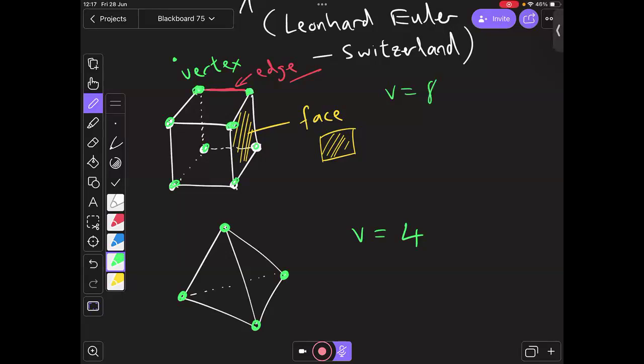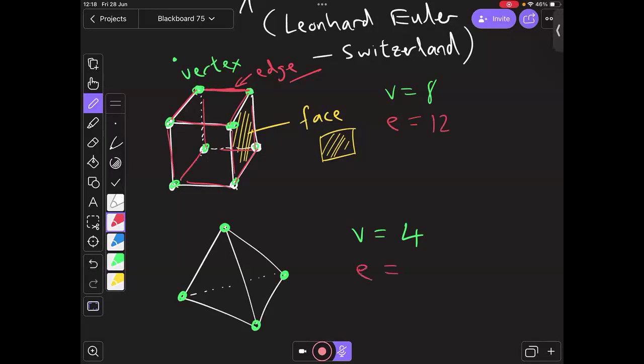Okay, you get the idea? Okay, we can now look at the number of edges. How many edges on the cube? There's 1, 2, 3, 4 on the top, 1, 2, 3, 4 on the bottom, and then 1, 2, 3, 4 on the side. So 12, right? Yeah.